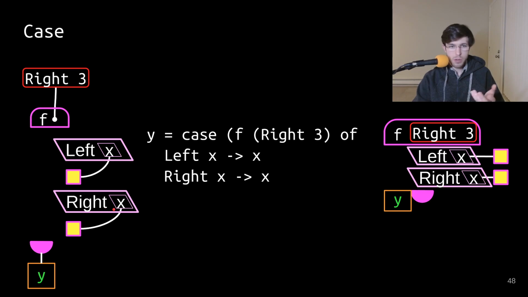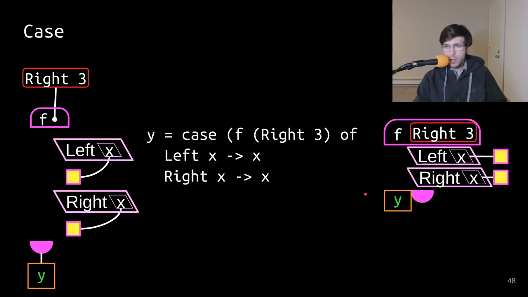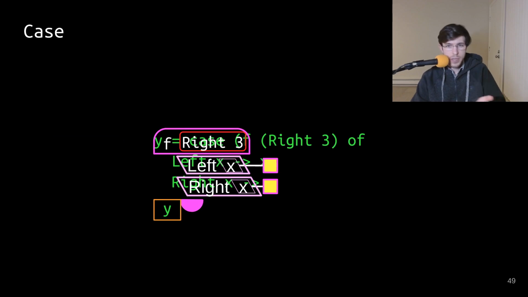And then the result is represented with this square. So y is going to equal 3 in this case. And then this is just showing a more compact layout for this. Here's a comparison of the equivalent text, and you can compare the compactness.